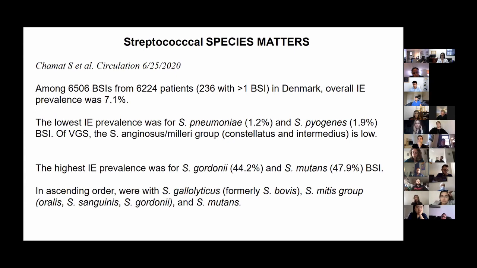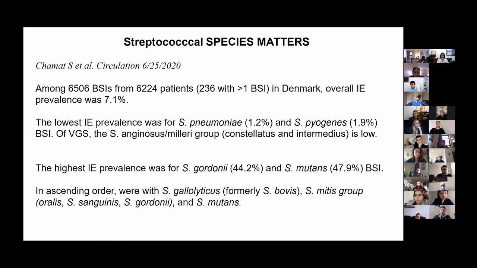The only group, which again, I think this is a bit much, but I want you to just recognize the name, is the strep anginosus, which was the Milleri group, constellatus and intermedius. They are the ones in the strep viridans group that cause abscesses. So they're associated with intra-abdominal abscesses and less so with endocarditis.